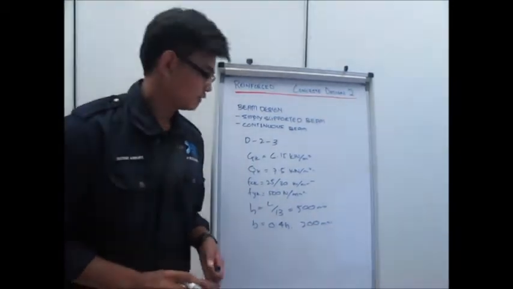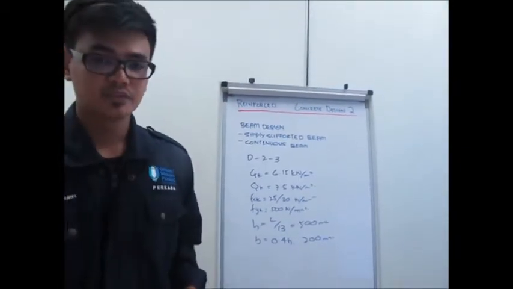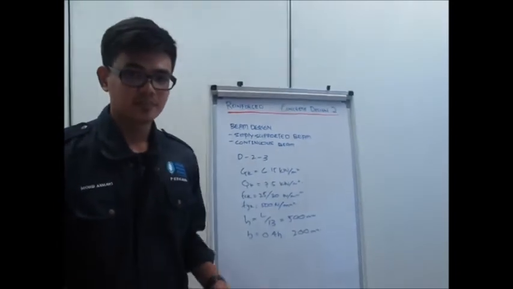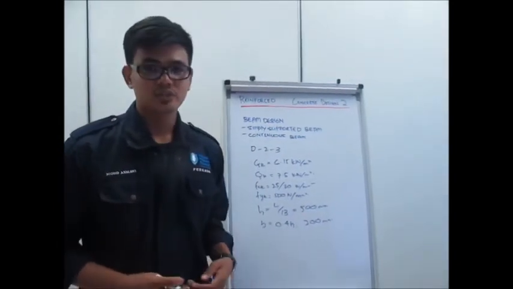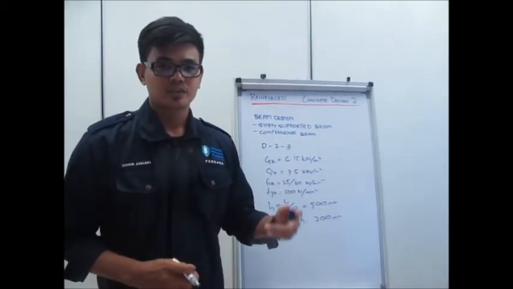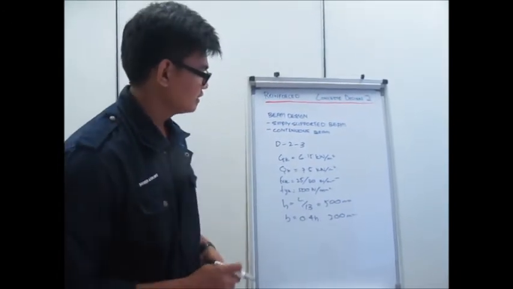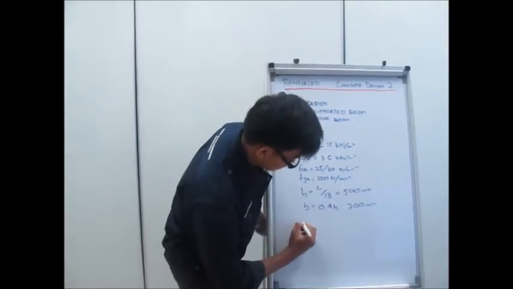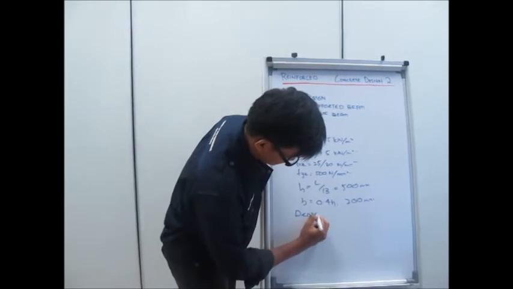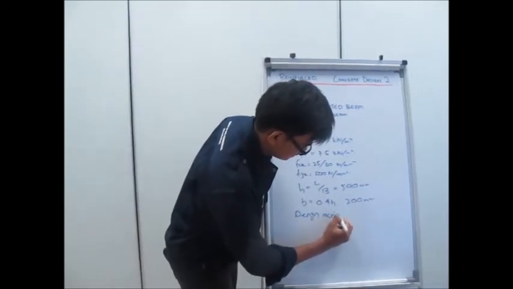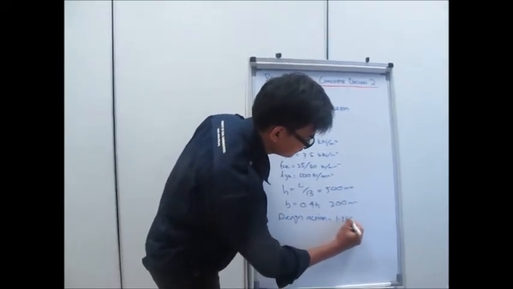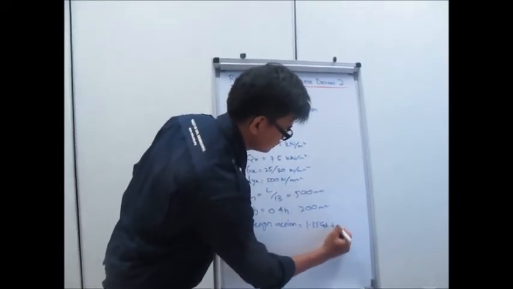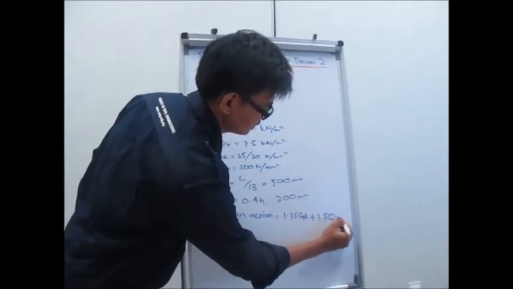After we decide the beam size, we need to proceed to the next step, which is to calculate the design action. For the design action we use 1.35 Gk plus 1.5 Qk.